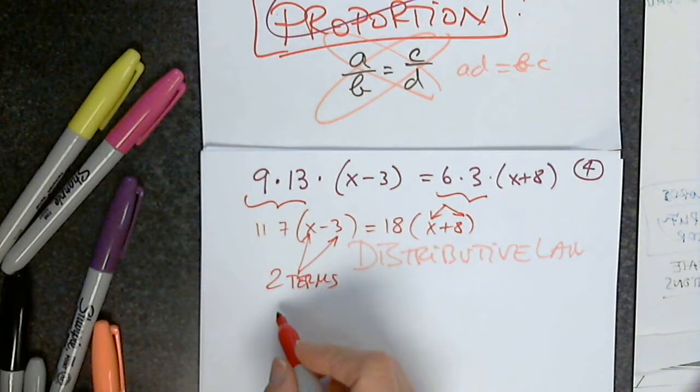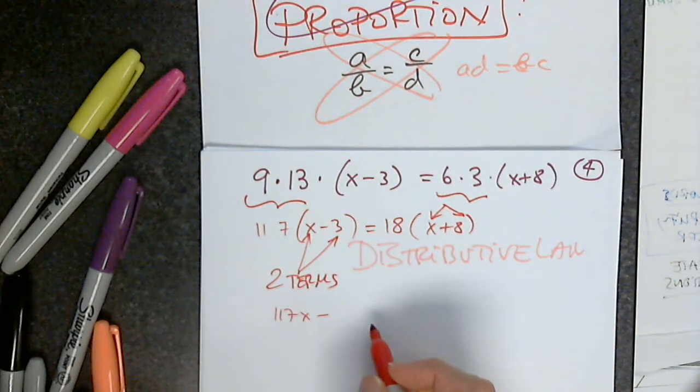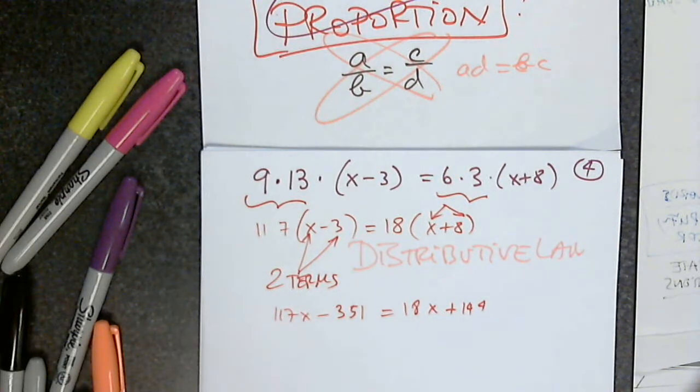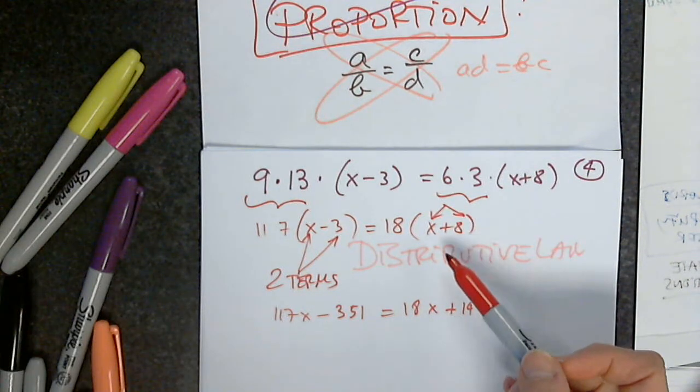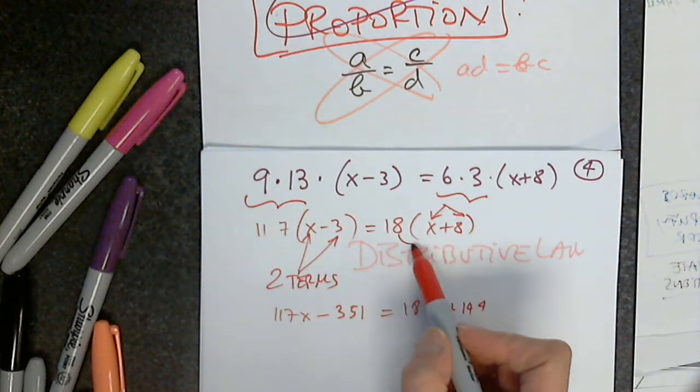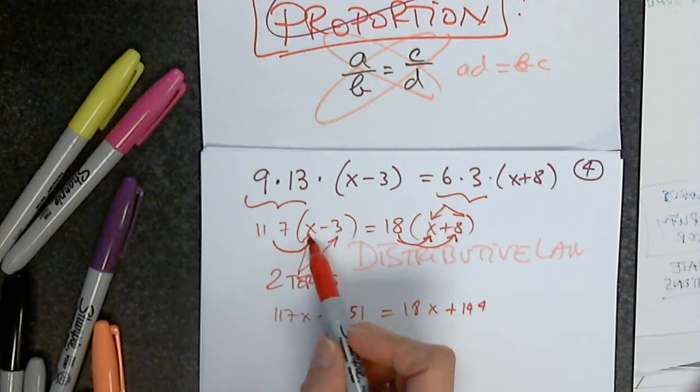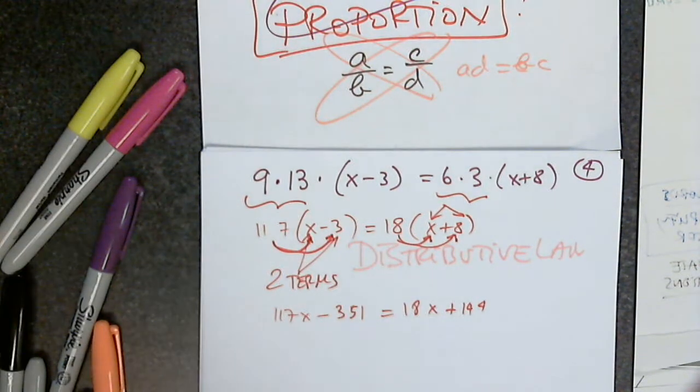So 117x minus, and 18x plus. So 18 needs to be multiplied by x and 18 multiplied by 8. 117 multiplied by x, 117 multiplied by 3. Correct my numbers if there is anything.